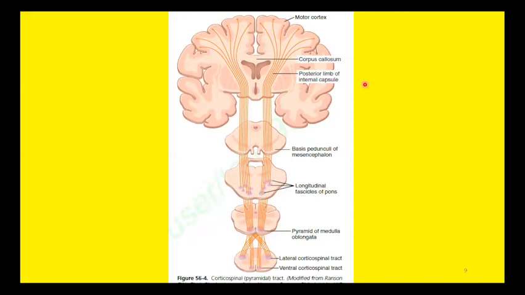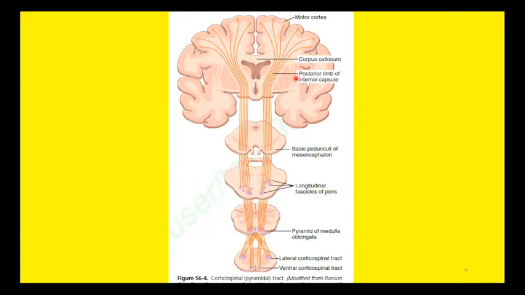Since they descend from the cerebrum towards the spinal cord, they are known as descending pathways or the motor pathways. As far as the classification of descending pathways is concerned, we can classify these pathways into two major categories, pyramidal and extrapyramidal.